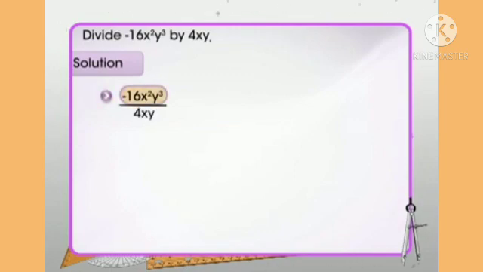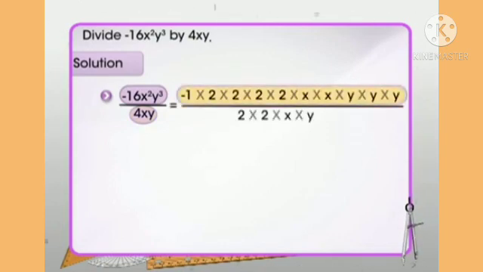Let's divide minus 16x square y cube by 4xy. First, write the numerator and denominator as the product of irreducible factors. So, minus 16x square y cube is minus 1 into 2 multiplied by itself 4 times into x multiplied by itself twice into y multiplied by itself 3 times.